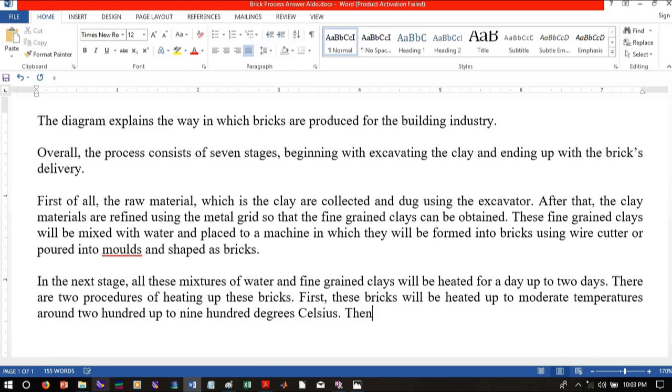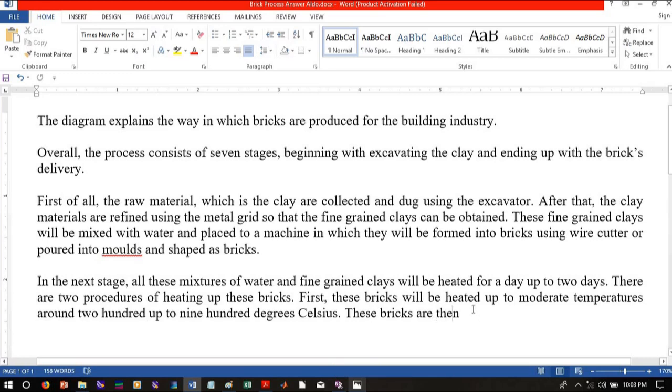And then after that we say, then these bricks are then heated. Now it is tempting to use the word then at the beginning, but we need a little bit of variation. What I mean is that the word then, instead of being in the beginning, you write down later after the to be, are.